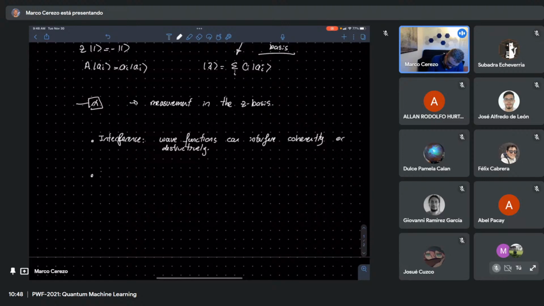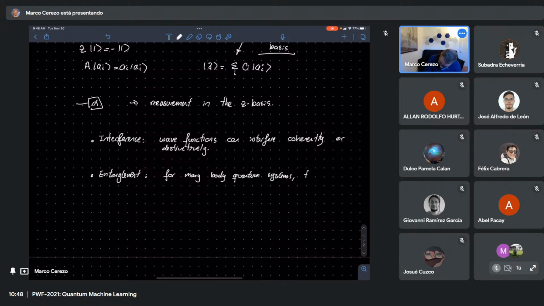And finally, another property that we just browsed last time is entanglement, which tells us that for many body quantum systems, psi, let me just go back and not write this as an equation.